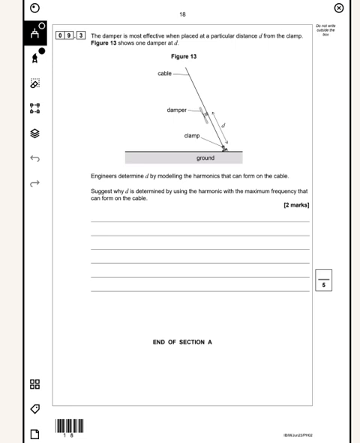If engineers determine d by modeling the harmonics that can form on the cable, we know the different harmonics: first harmonic, second harmonic, third harmonic. So that's why d is determined by using the harmonic with the maximum frequency that can form on the cable.